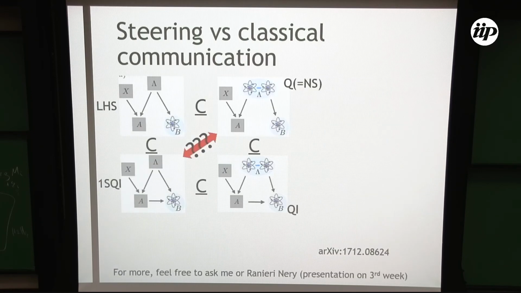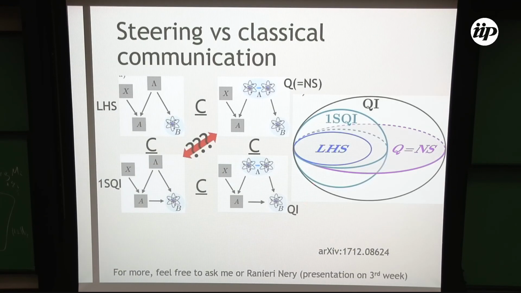And what we saw was that there's no clear winner, right? So if we take a look at these sets here, this local hidden state set here is the subset of everyone else. And these two, I don't know if this image is clear enough, but basically this sphere here includes the LHS, and this quantum plane here, or ellipse here, also includes the LHS, but they each are able to reach correlations that the other cannot reach, but none of them is a subset of the other, right?